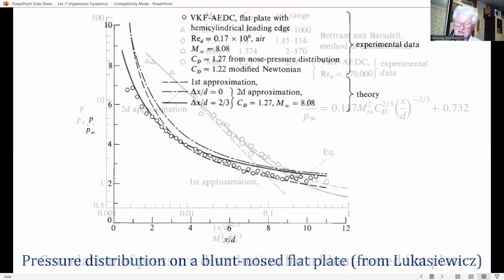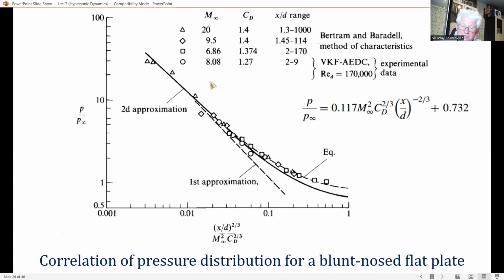In the next figure, our previous data are plotted versus the blast analogy parameter: x over d to the power 2/3, divided by M infinity squared times C_D to the power 2/3, along with additional results obtained from the method of characteristics. Also shown as the dashed line is a simple correlation of the method of characteristics result.